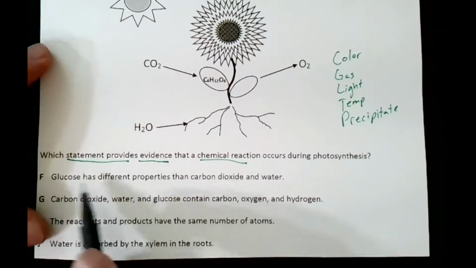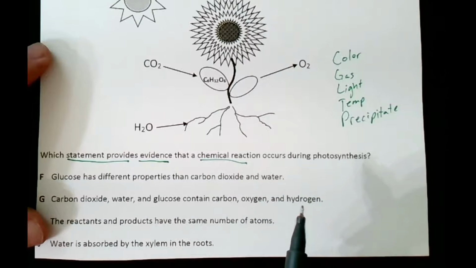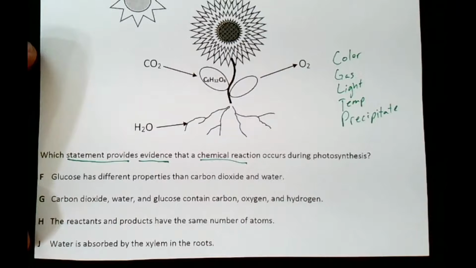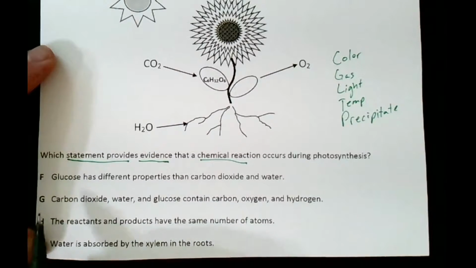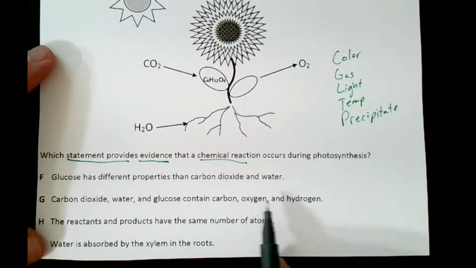So F, glucose has different properties than carbon dioxide and water. Again, you're going to see this on the screen. Fantastic. G, carbon dioxide, water, and glucose could contain carbon, oxygen, and hydrogen.